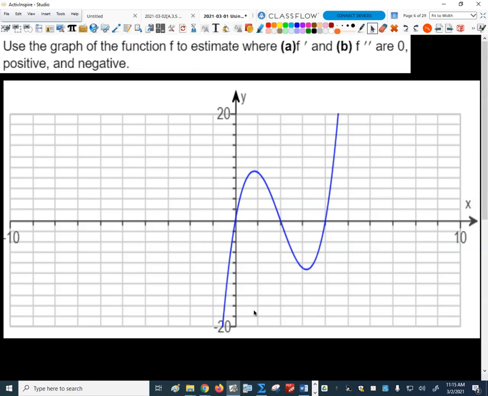And let's assume that the answer is a convenient one here. Where's the second derivative going to be positive here? Natalie? Is it from like 0 to 2?